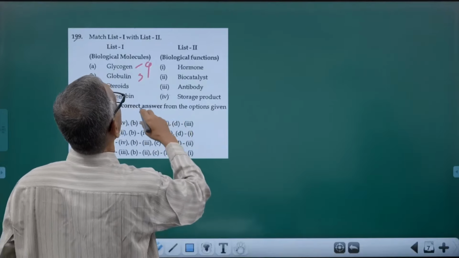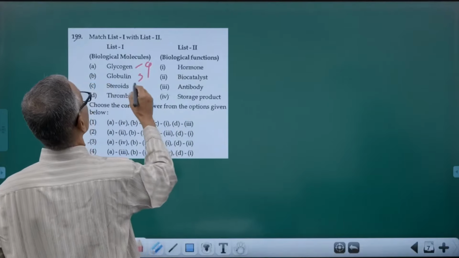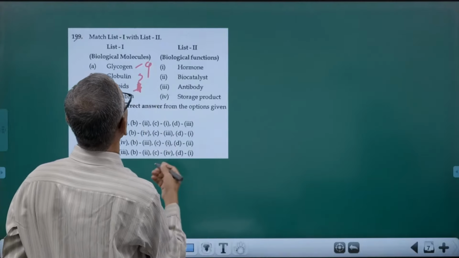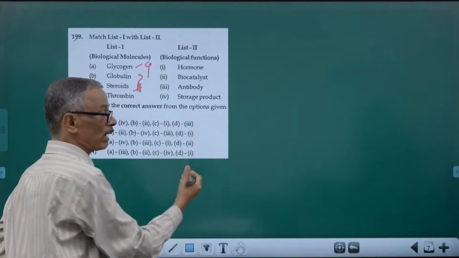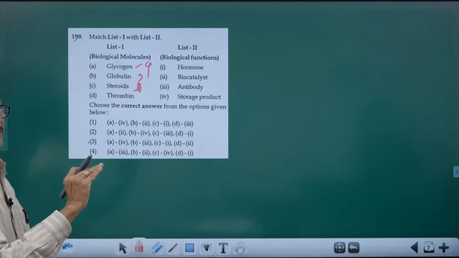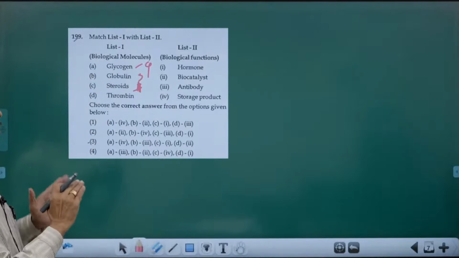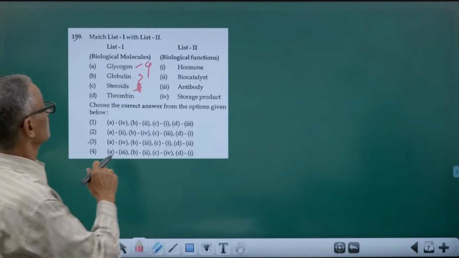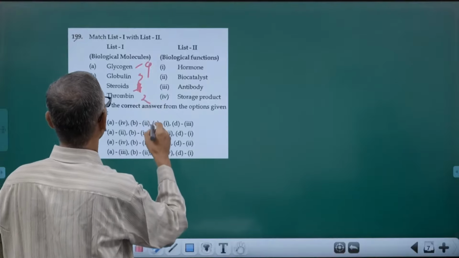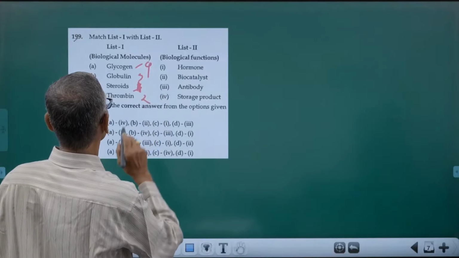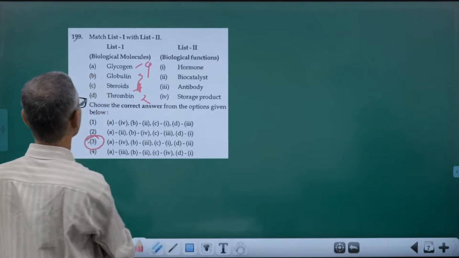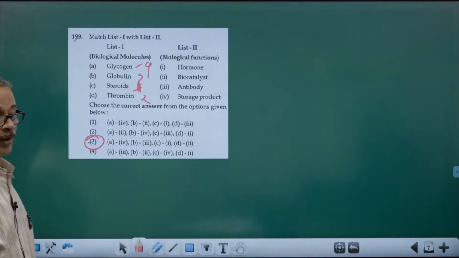Steroids are hormones. They act as hormones. And thrombin is a biocatalyst. Thrombin is essential for blood clotting, converting fibrinogen to fibrin. So it is 2. So 4, 3, 1, 2. The option goes to this one.